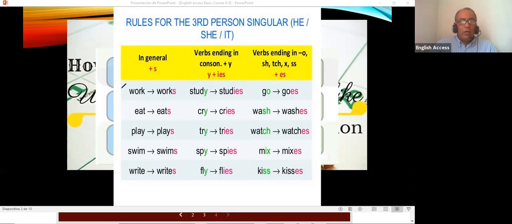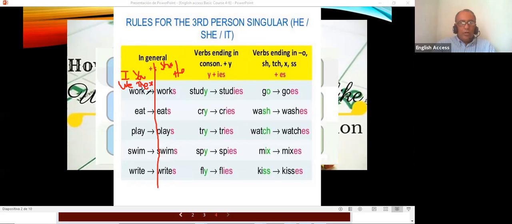Por ejemplo, I work, no cambia. Vamos a tener que ponerle más práctica. Para I, para you, para we o para they, no se modifica. Solamente he o she.